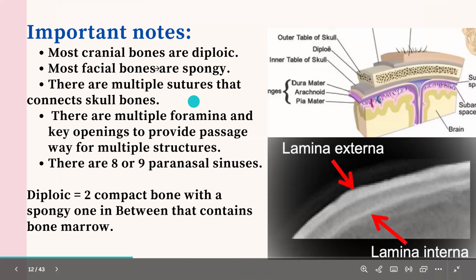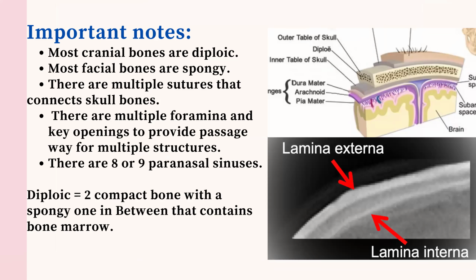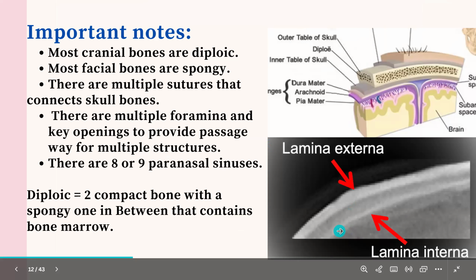Okay. Important notes. Most cranial bones are diploic. What is the meaning of diploic? It means the cranial bones consist of two compact bones, on the outside and the inside, and between them, what? A spongy bone.